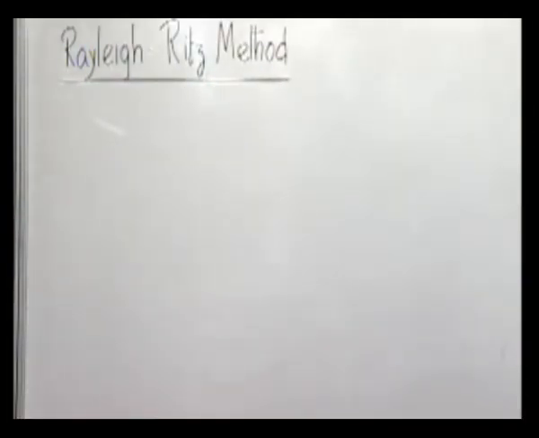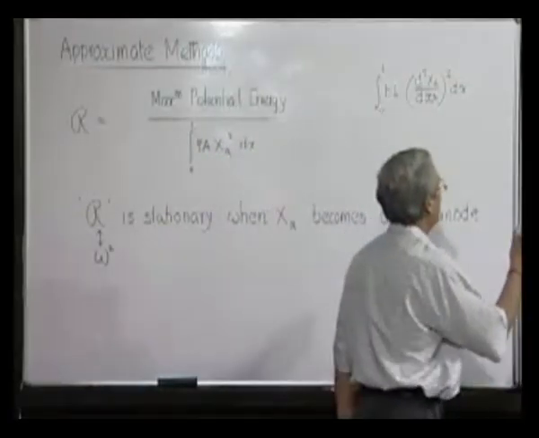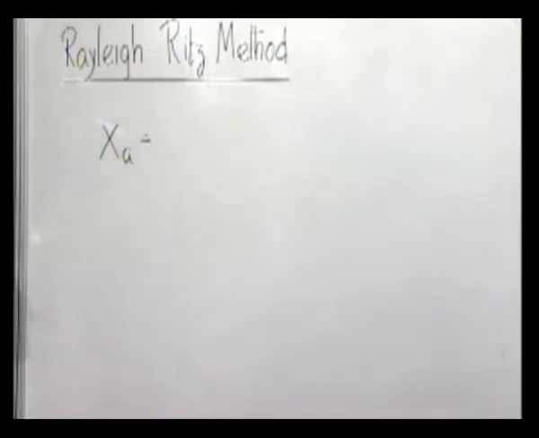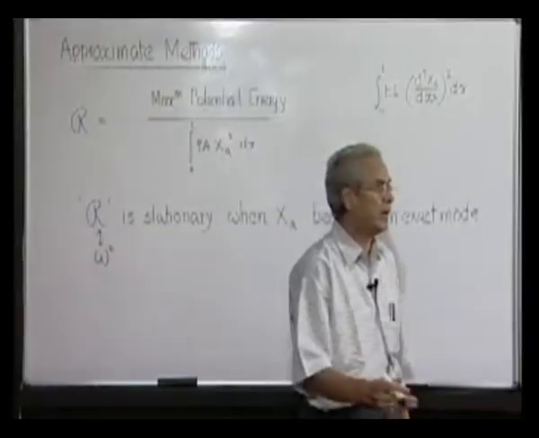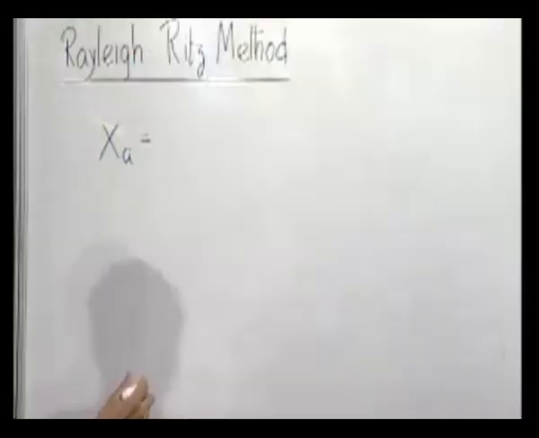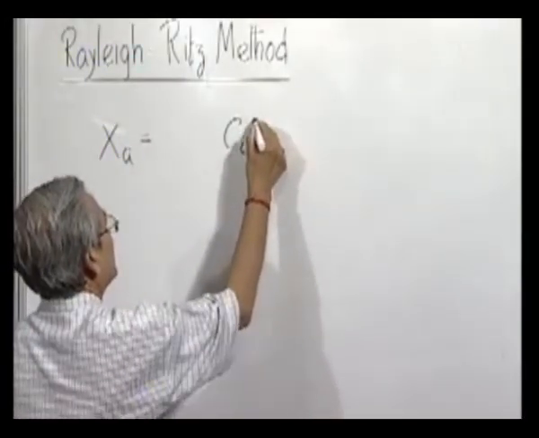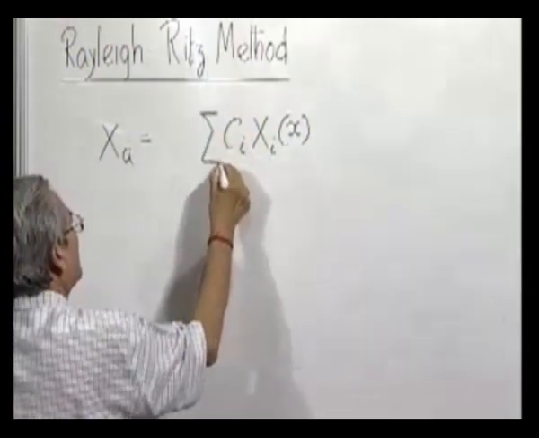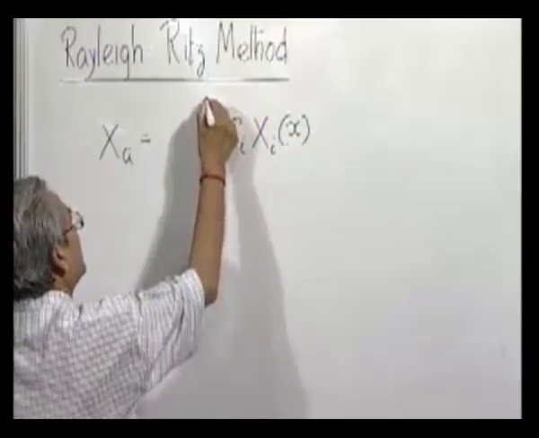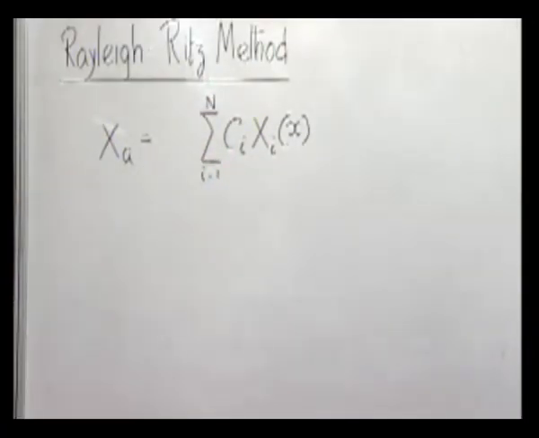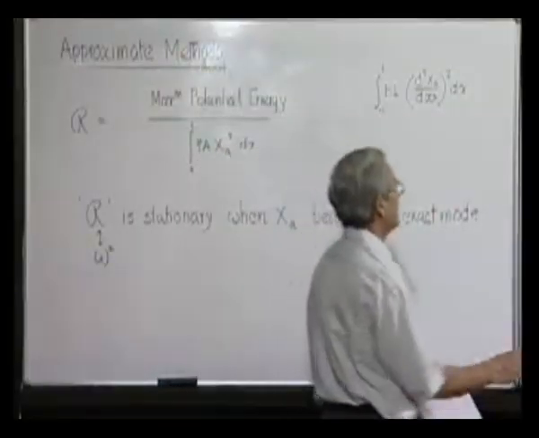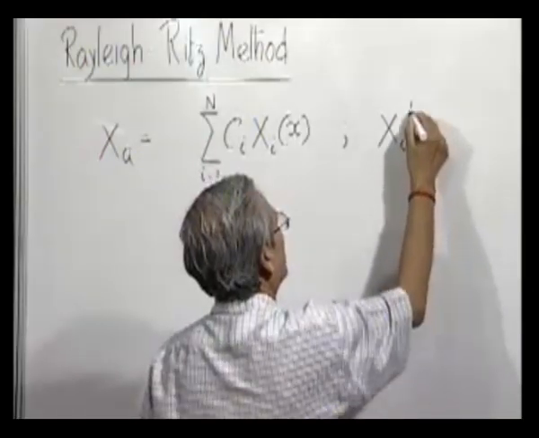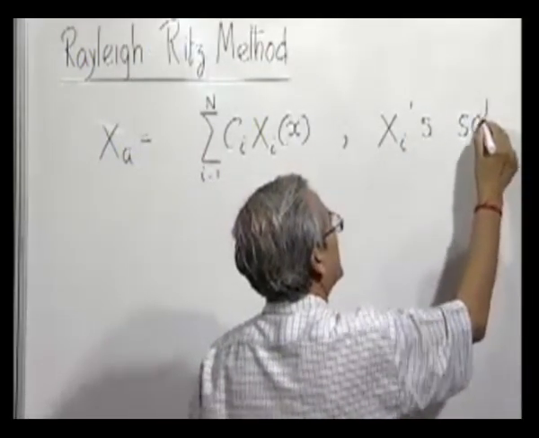So in the Rayleigh-Ritz method, this assumed deformation shape is expressed in the form of a series or in terms of a number of functions, where each xi satisfies the boundary conditions as much as possible.